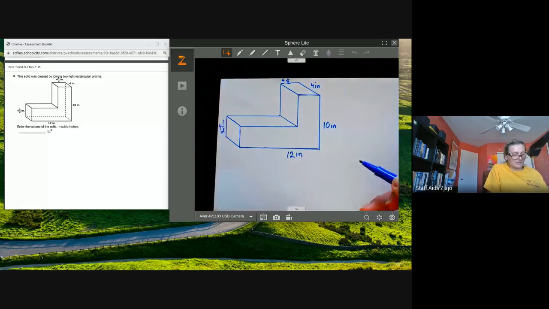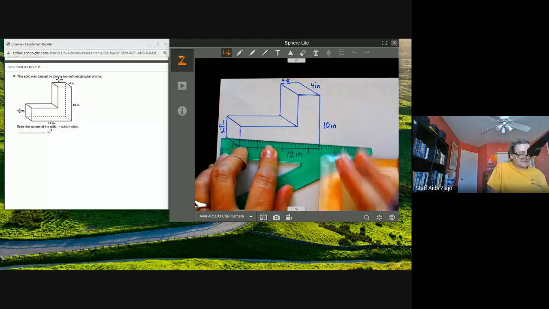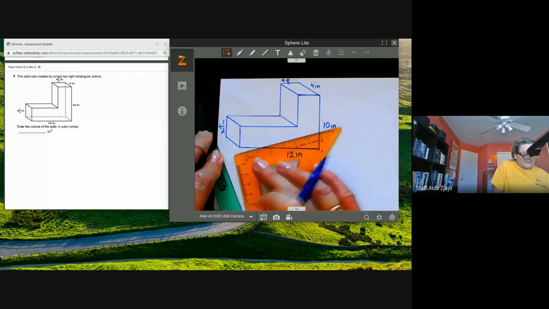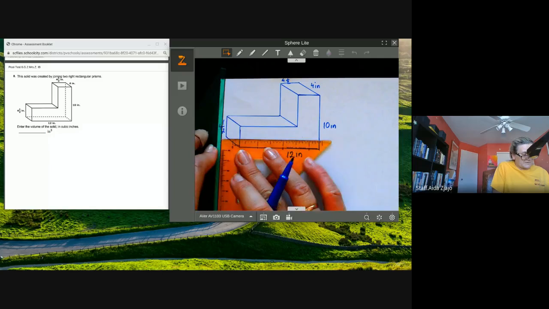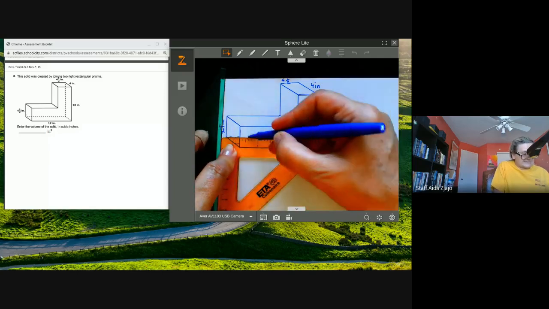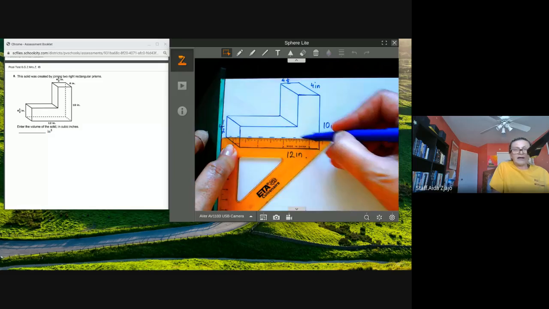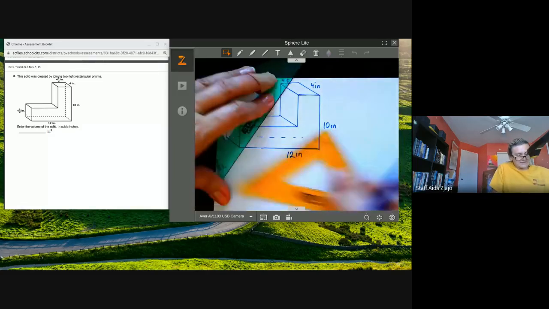They also give us this, if you don't see it, there are little dashes. Those are the lines that we cannot see because it's a closed 3D figure. Sometimes these lines are telling us that on the other side there are faces that we cannot see.